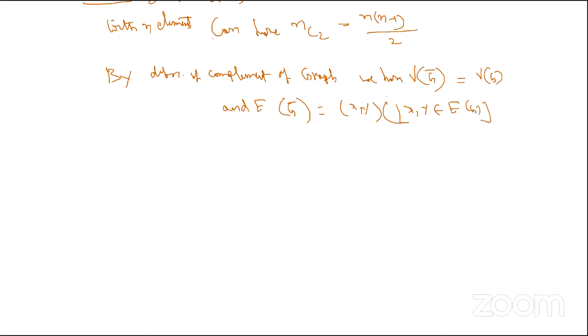Hence, the number of edges in G bar equals n into n minus 1 whole divided by 2 minus m.